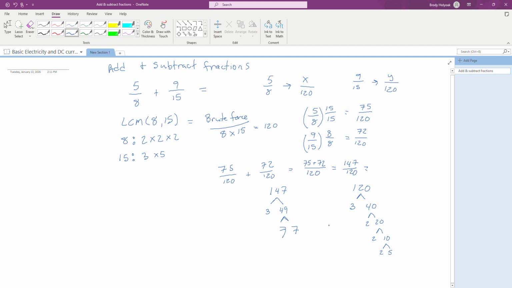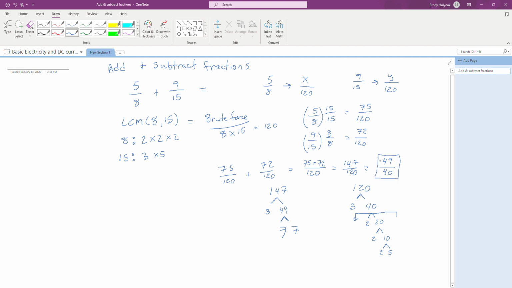So if I come back and look, even with all these factors from this point down, I don't have anything that is going to result in a 7. So this one, we don't even have to worry about. We can bring it back up to the 40, and we can keep the 3. So what we do is if we have a 3 on both sides, we're going to end up with 49 as our numerator, and we're going to end up with 40 as our denominator, and there is our answer.